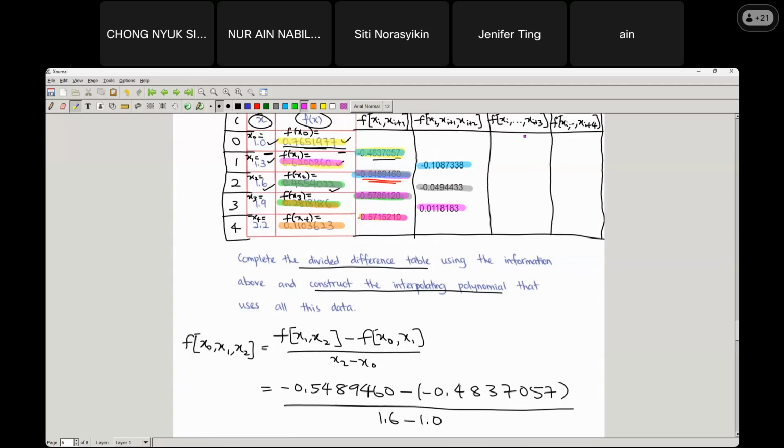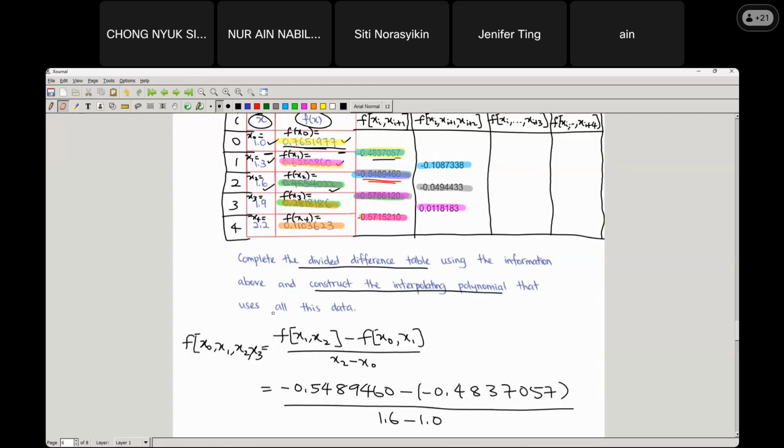So next we proceed to the third divided difference. For the third divided difference, when i equals 0, we have xi starting from 0 up to 3. So I'm going to add one more term here, up to 3, x3.